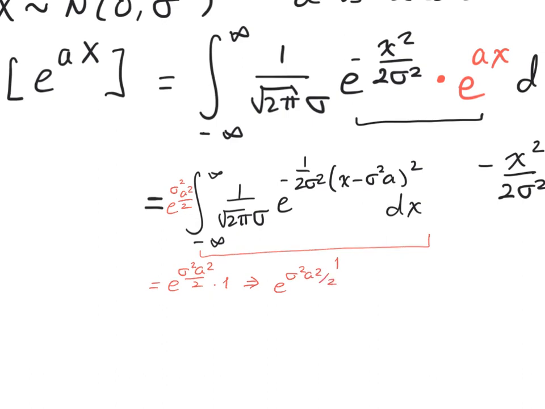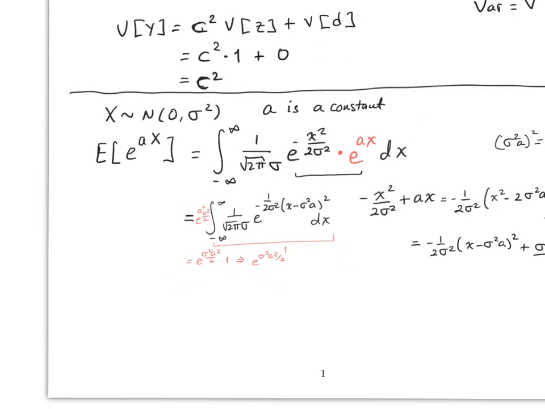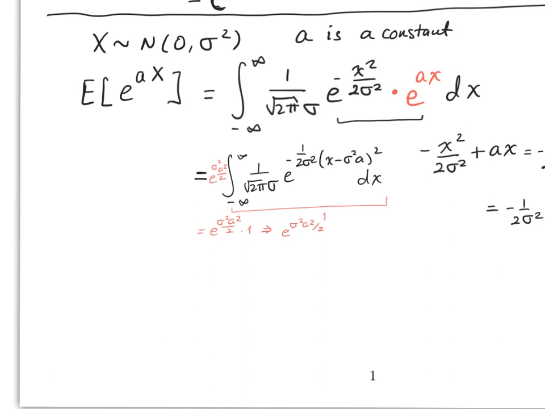So the expected value of this, which like I mentioned a few times already is going to be very important, is just equal to e to the sigma squared a squared over 2.